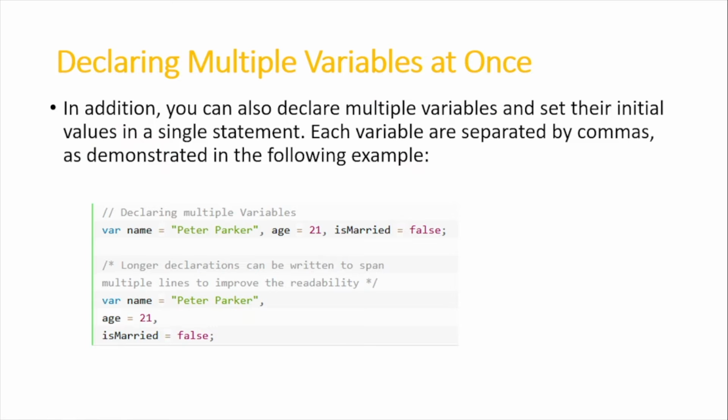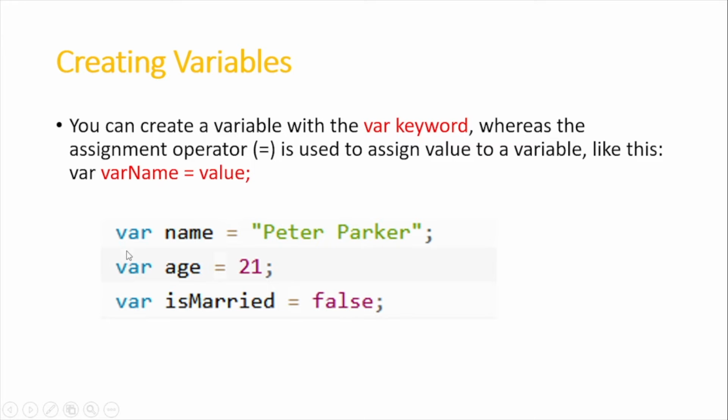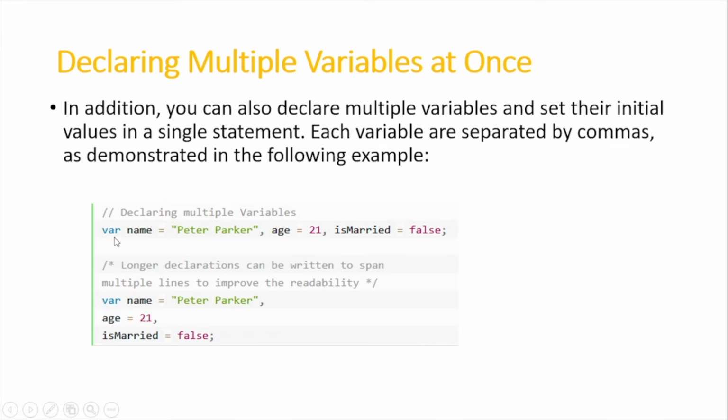And you can also declare multiple variables at one time. Like we are declaring three variables with three var keywords, right? So var is repeated; you can use a single var keyword and declare all three variables. Let me just show you how. You use the var keyword one time, and we are declaring the three variables we declared earlier.